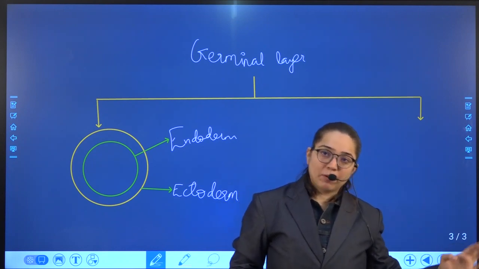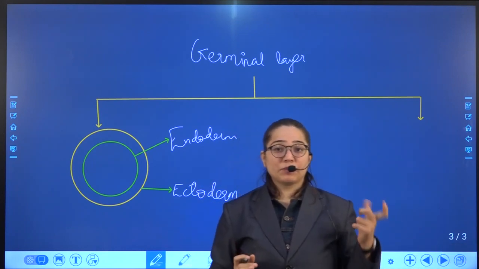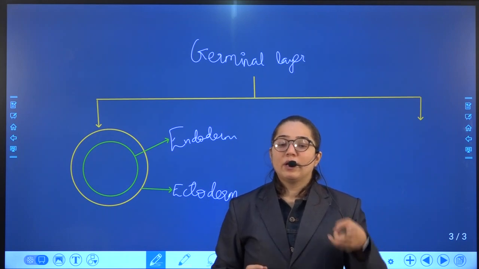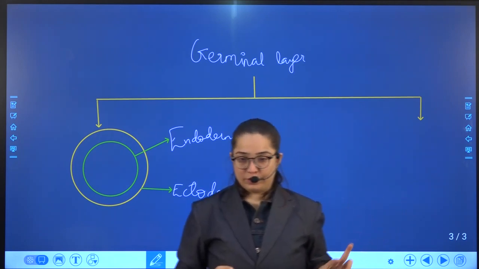That is diploblast or triploblast. Diploblast means how many will come? Two. Ectoderm and endoderm.